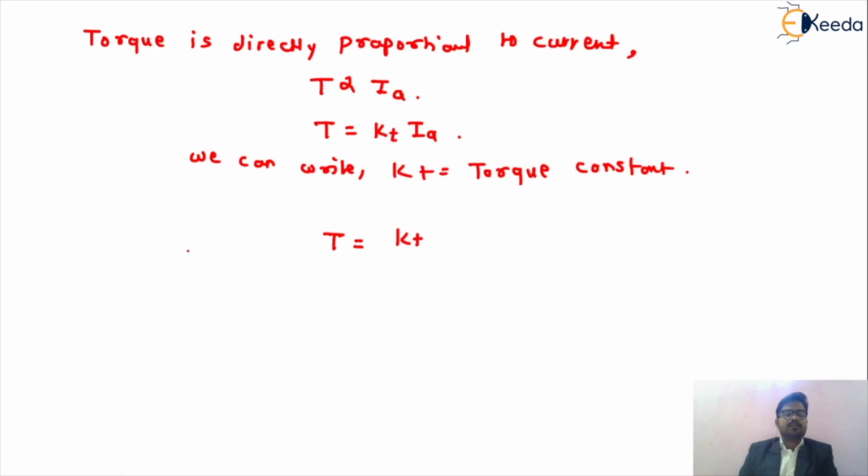The value of the current is V minus Kb into omega, divided by Ra. What do you mean by Kb? Kb is the back EMF constant, Kt is the torque constant, omega is the angular velocity, or we call it speed, and Ra is the resistance.